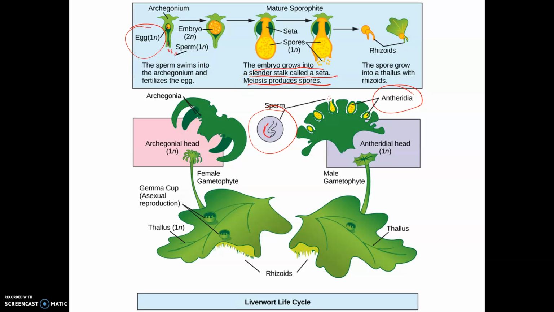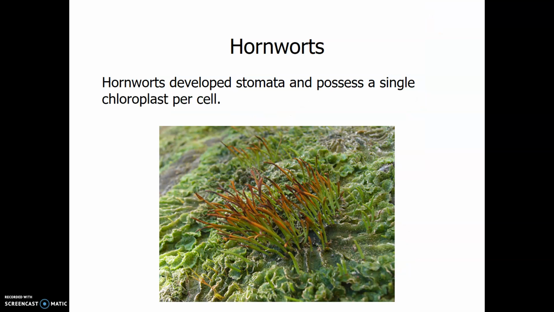The spores grow into a thallus with rhizoids. Now, rhizoids are similar to roots, but they're not roots. They don't have vascular tissue. This part is the thallus, and this part is the rhizoid. The thallus is the large green leaf, the gametophyte.